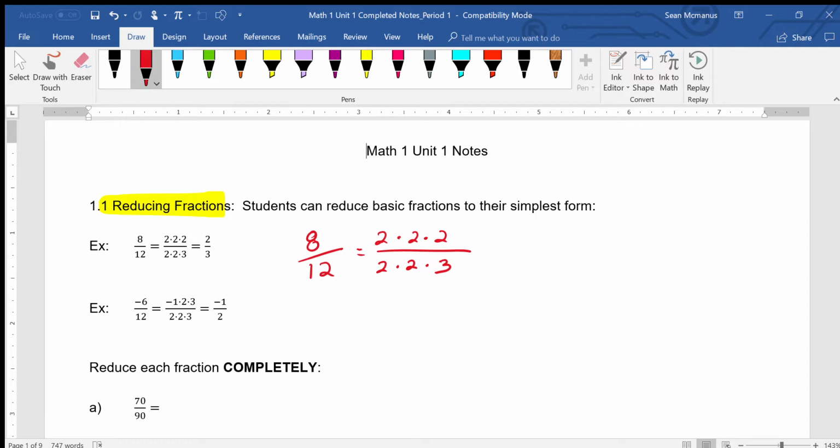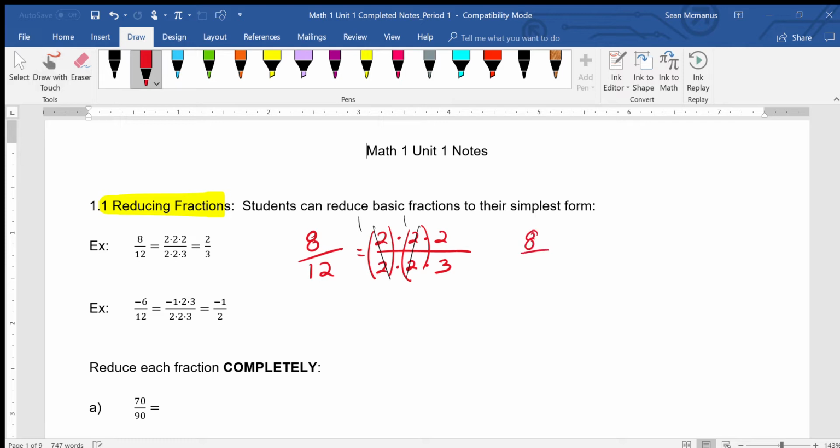So if I break it down into factors, I can see that what I'm doing is multiplying. Here 2 over 2 is 1, and 2 over 2 is 1, and what I have left over is just 2 over 3. So that's why it works, and we're not going to make you write out the factors every time, but I think it is helpful to see why this is happening.